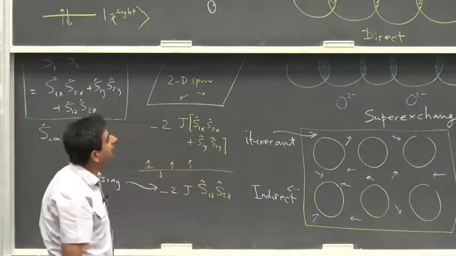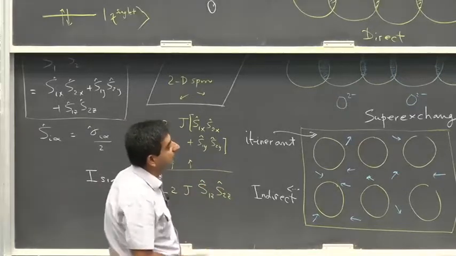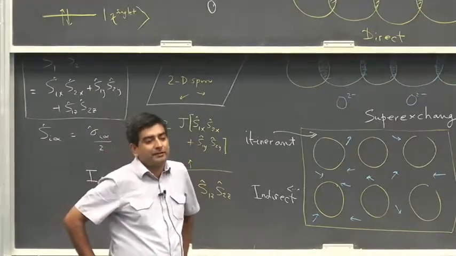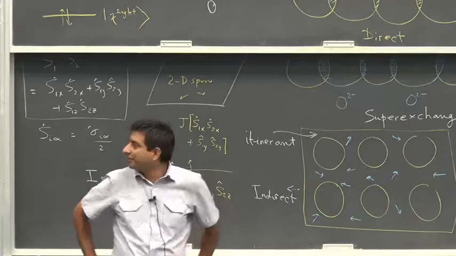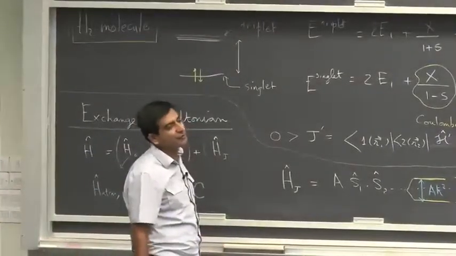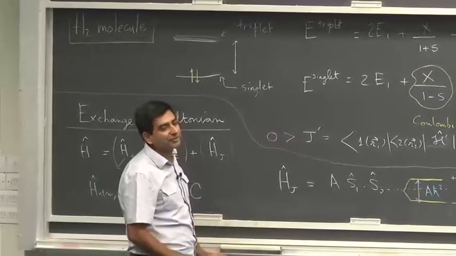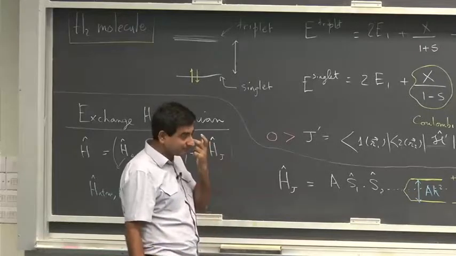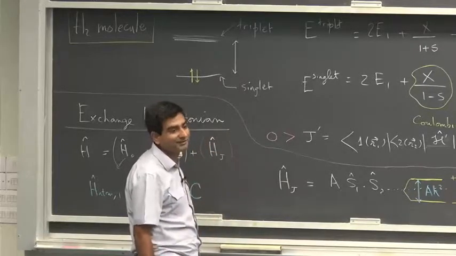Now let's use the Heisenberg model to calculate these energies inside the hydrogen molecule. This is probably the last time we're going to see an isolated molecule in this course, because then we have to move on to solids, real systems. This is also real.